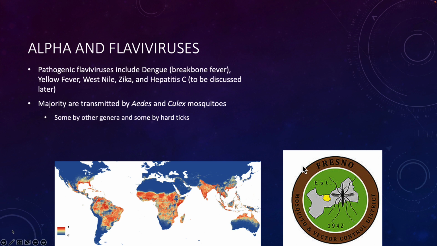And then here you have most counties in California, because we do have the potential to have some of these viruses here, but we have vector control districts, and in some areas they'll be responsible for more vectors, but in Fresno County, they tend to only work against mosquitoes.